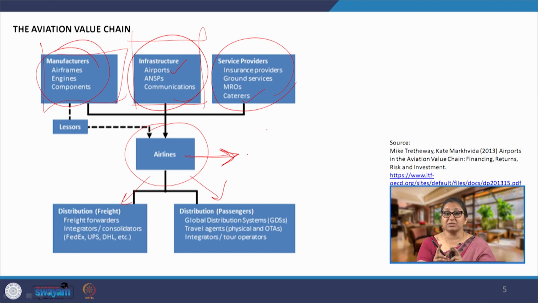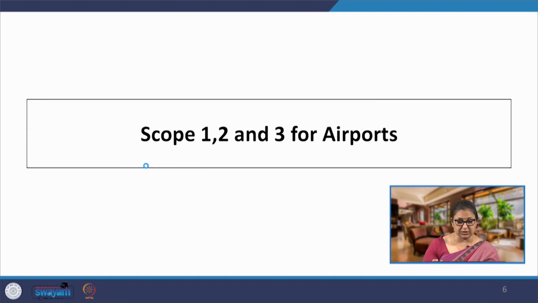However, we must remember that we can take any player out of this entire value chain, their overall emissions remain almost similar, because the total emissions in different scopes will remain the same, just that their categories will change. So, let us look at the emissions for airports, where the scope 1, 2 or 3 emissions are coming from.